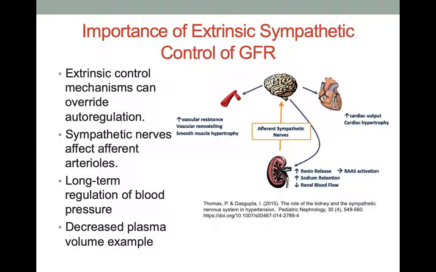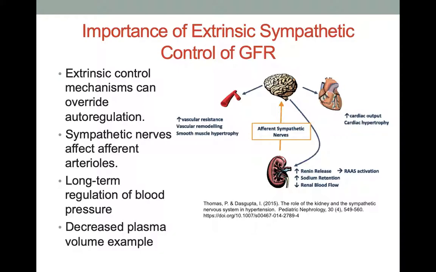So the example they talked about here is if we get injured and we're bleeding and we have a decreased level of plasma volume. In this case, our immediate thing is to get that blood pressure back up, and to do that, we're going to increase our cardiac output, and we're going to increase our peripheral resistance. Sorry, I couldn't think of the word.